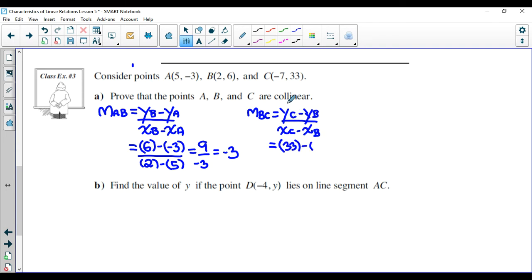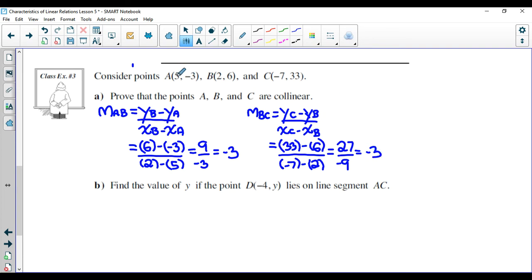The y coordinate of point B is 6. Divide by the x coordinate of point C, which is -7. Subtract the x coordinate of point B, which is 2. All right, so 33 minus 6 would be 27. And then -7 minus 2 would be -9. 27 divided by -9 would be -3.